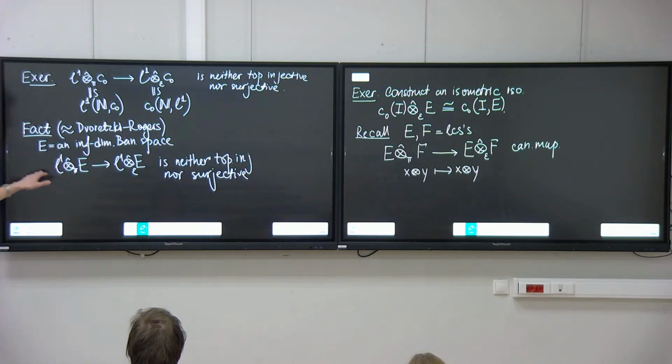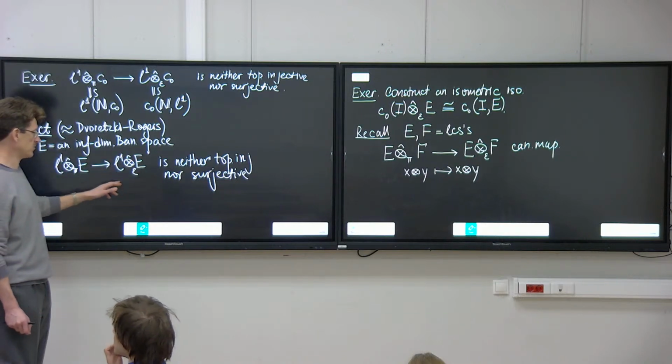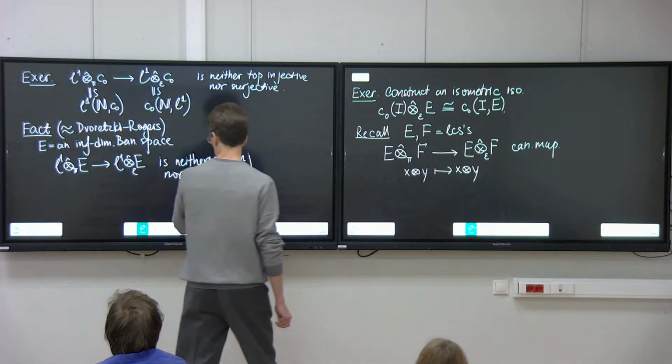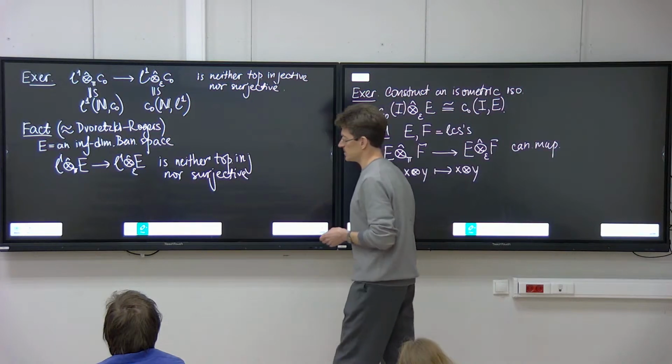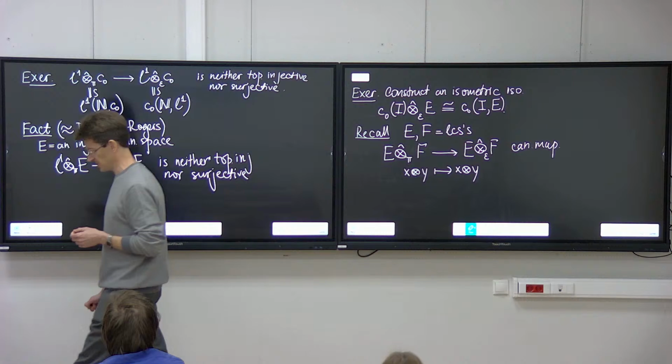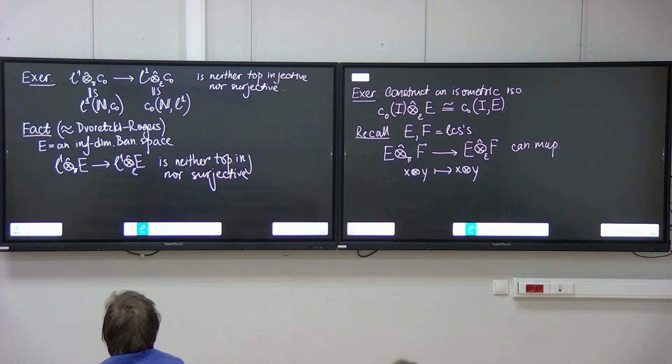Actually, this tensor product is isomorphic to the space of all absolutely summable sequences in E, and this one is isomorphic to the space of all summable sequences in E. We will see soon that if E is a nuclear locally convex space, then this map will be a topological isomorphism. So the Dvoretzky-Rogers theorem holds because an infinite-dimensional Banach space is never nuclear.